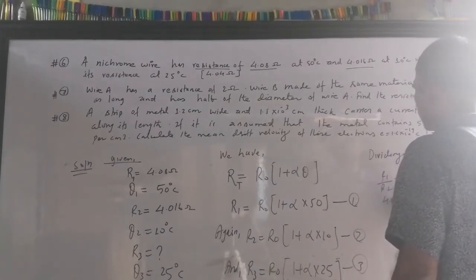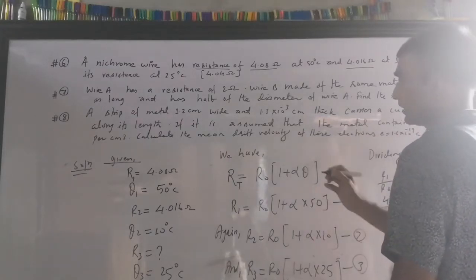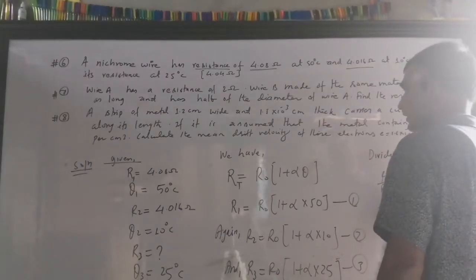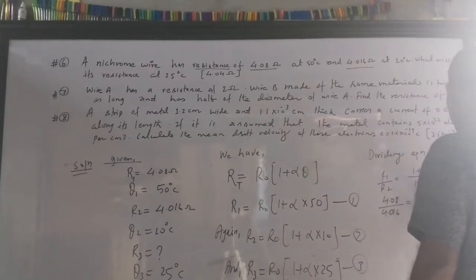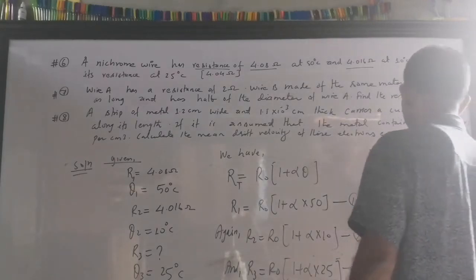So R1 is 4.08 and R2 is 4.016, and this time (1 plus 50 alpha) by (1 plus 10 alpha), you do cross multiplication.